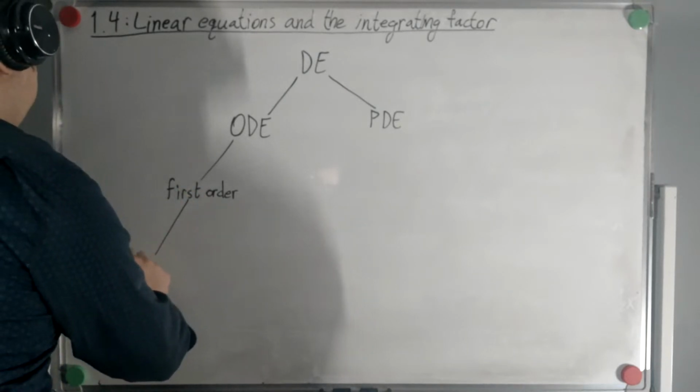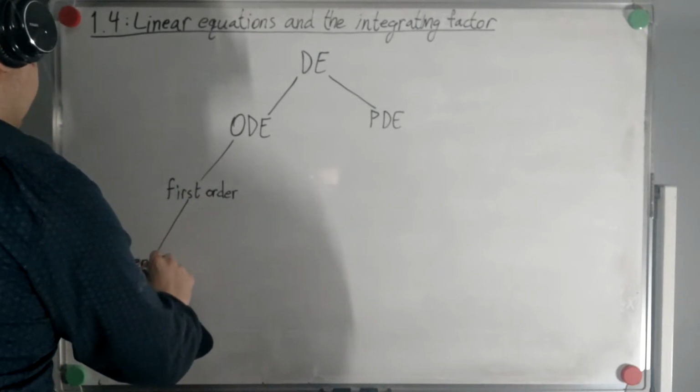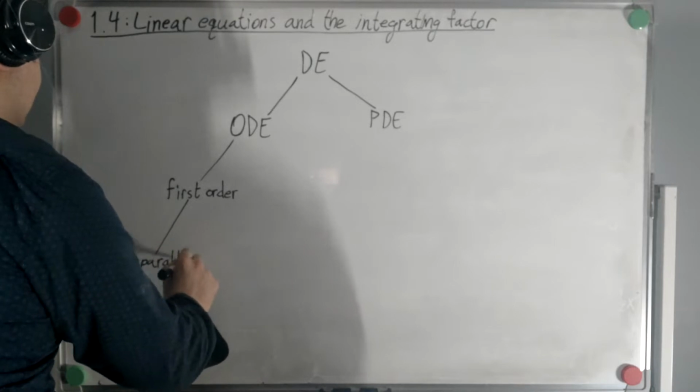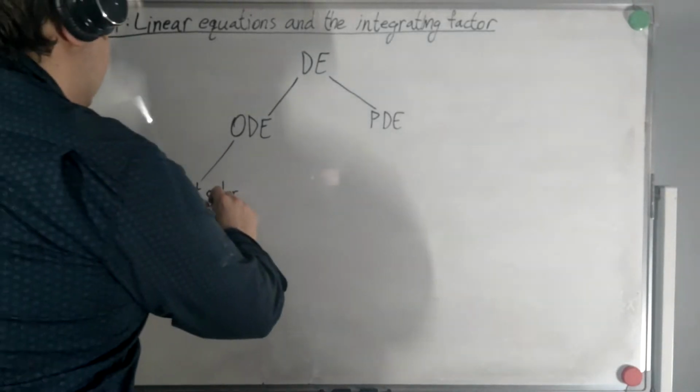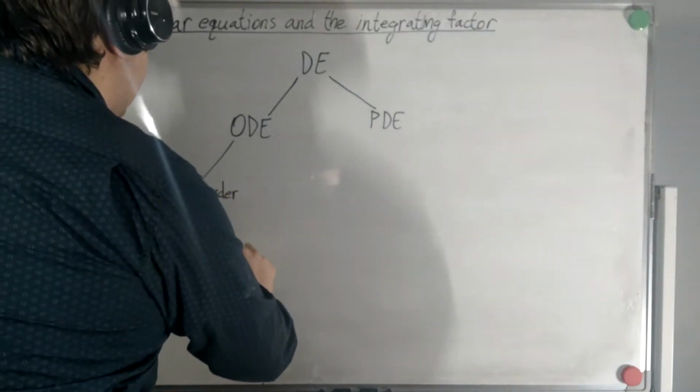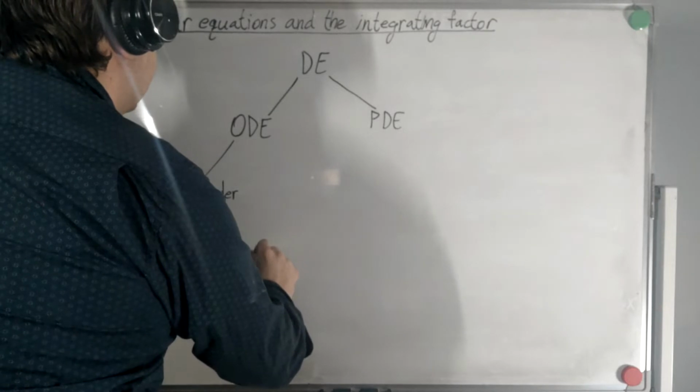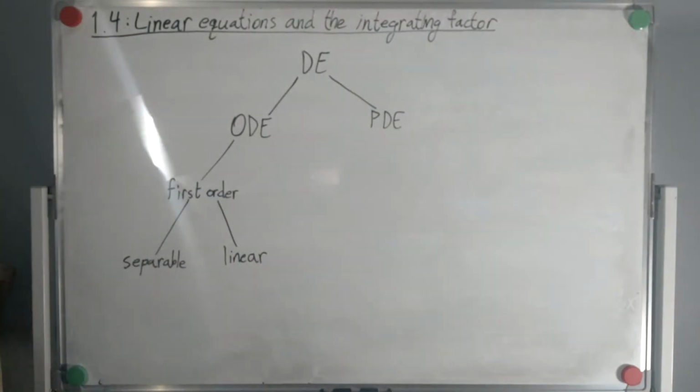And there was a classification called separable, and that was the topic of the previous lecture. The topic of the current lecture is first order linear ODEs. And so that's what we're talking about today.